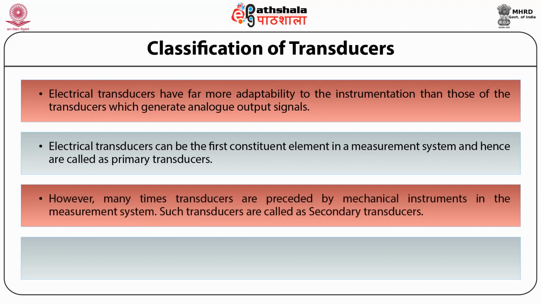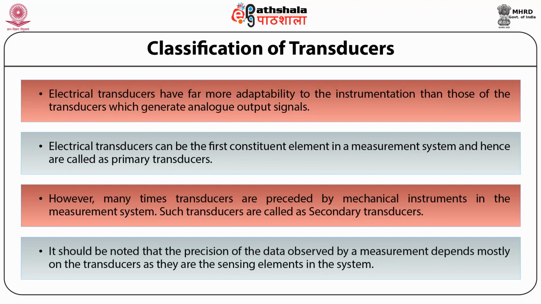However, many times transducers are preceded by mechanical instruments in the measurement system. Such transducers are called secondary transducers. It should be noted that the precision of the data observed by a measurement depends mostly on the transducers, as they are the sensing elements in the system.